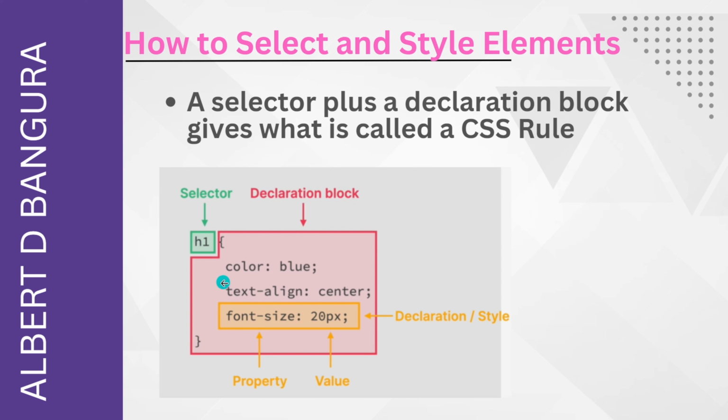When I say property here, for instance, color is a property, okay? And the next question is, what value do I want to give to that property? So for instance, blue, okay? So blue is the value, color is the property, and the H1 is the selector, which is the element where you want to apply your CSS.